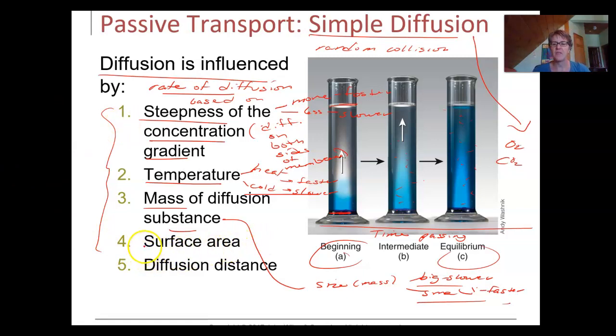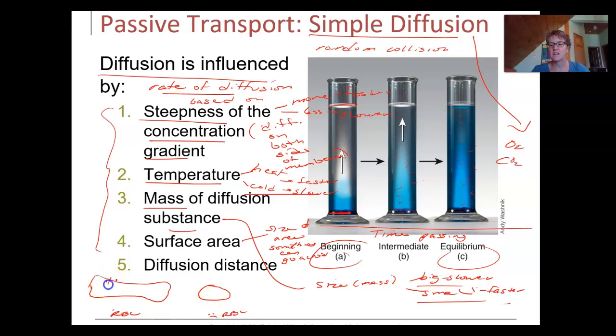The other factor that affects the rate of diffusion is surface area. Surface area is the size of the area that something can diffuse across. So what that means is, I'm a red blood cell that has this awesome biconcave shape, versus a red blood cell that's just a circle, this guy. This one's a sad red blood cell.